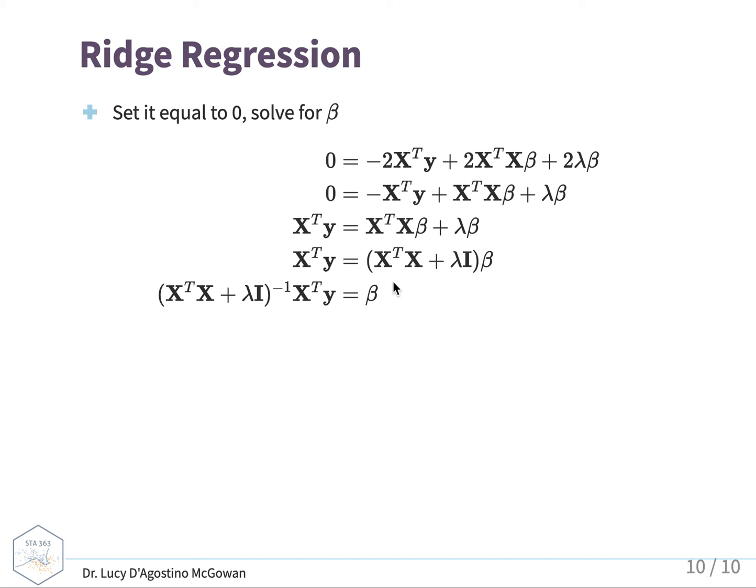Now we just need to move this quantity over to this side. Of course, we know in matrices, the way to move something from one side of the equation to the other is to take the inverse. So now we end up with (x transpose x plus lambda I) inverse times x transpose y equals beta. So this is our estimate for ridge regression, the beta for the ridge. And that's exactly what we showed in the previous class. This is the final derivation.